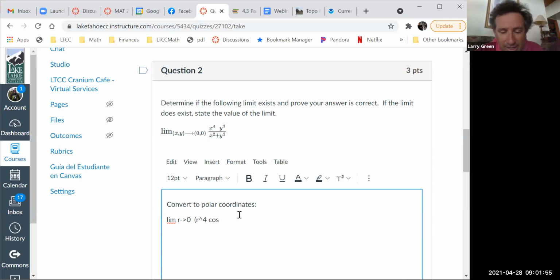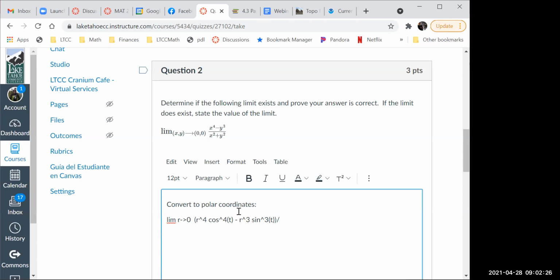I'll type the whole word theta. And then minus y cubed, which is r cubed times the sine cubed of theta. And then divided by, what's x squared plus y squared? R squared. That you're all supposed to know.